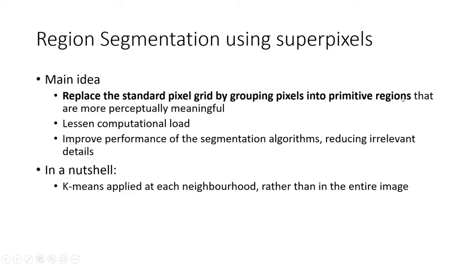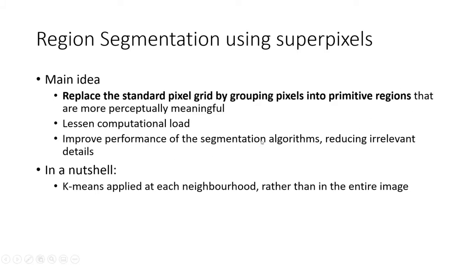I'll select a number of primitive regions that have some sort of perceptually meaningful, if you know what perceptually meaningful is. But if you don't know, you just get a grid of pixel regions. This will obviously lessen the computational load because you don't have to calculate the centers for your clusters for every single pixel in your image. You just need to calculate the clusters for each one of these regions.